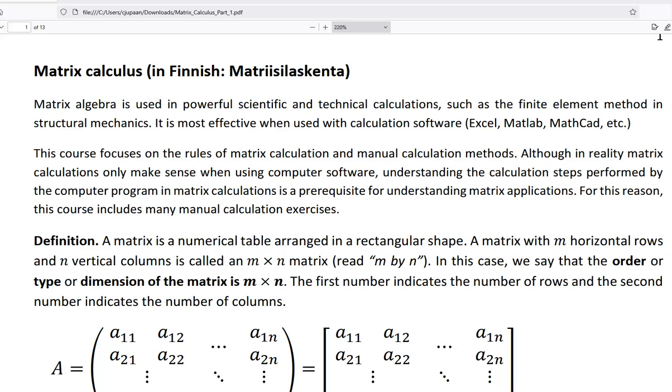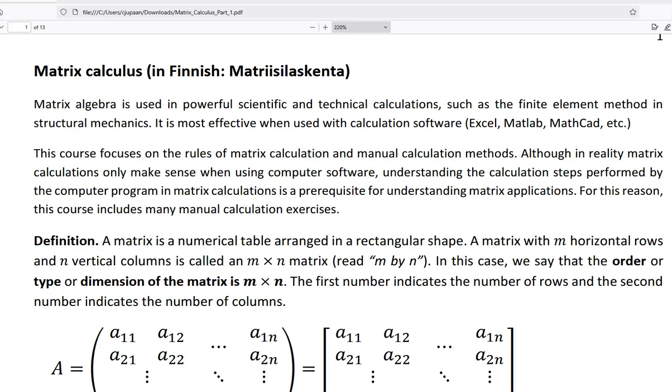But I will take some examples by using pen and paper, and also Excel, some examples of how to use Excel in matrix calculus. You may read this PDF file when you have more time, probably more exactly.